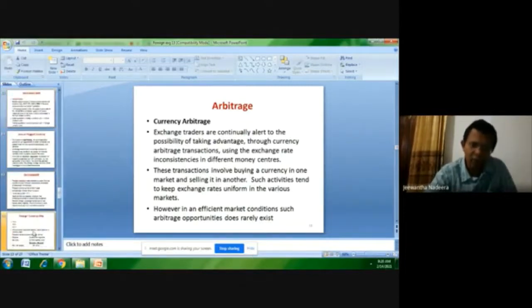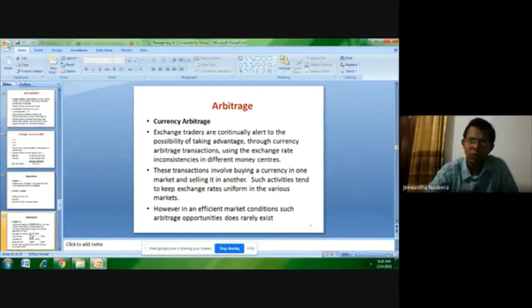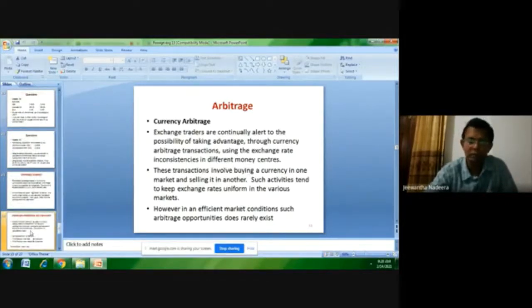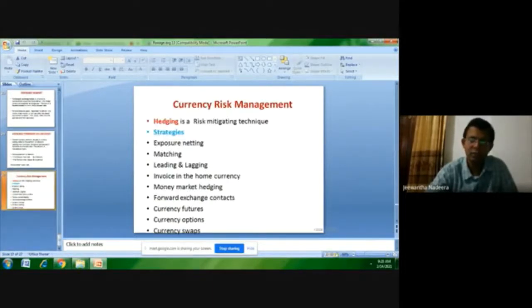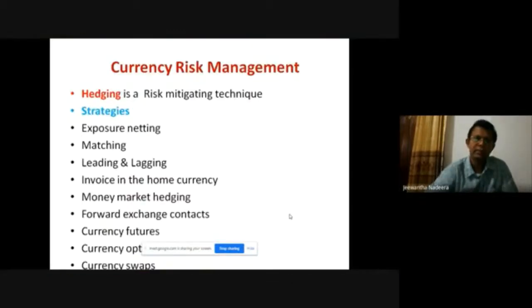But if you want to enhance your knowledge, these are very good instruments, very good questions on foreign exchange transaction. This is the instrument we have been learning, hedging instrument. Now this exposure netting and all those internal hedging mechanisms are not much used.